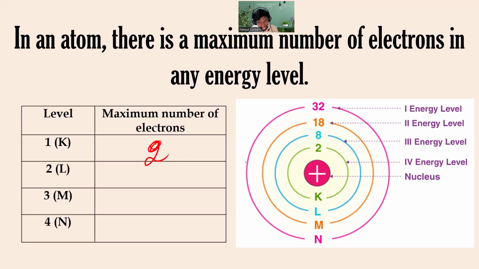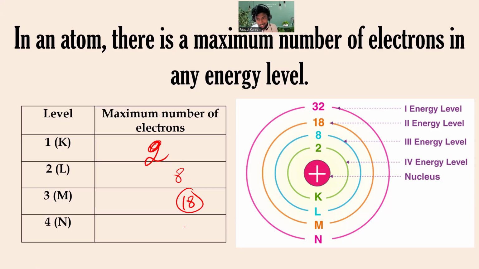And in the second energy level, we have space for 8 electrons. For how many electrons? 8. And in the third energy level, we have space for 18 electrons. We have 18 rooms in that floor. In the third floor, we have 18 rooms.